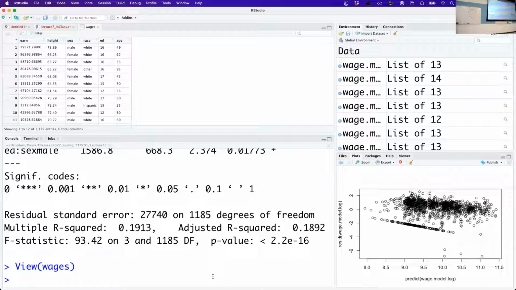So the basic idea might be something like this, where, oops, I need to stop my screen share here.